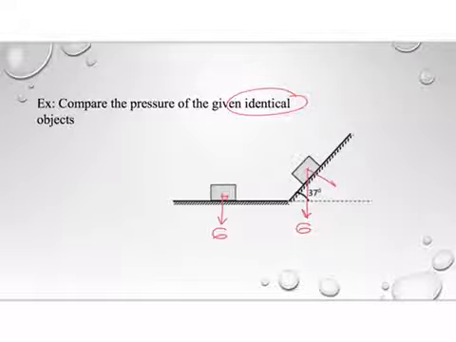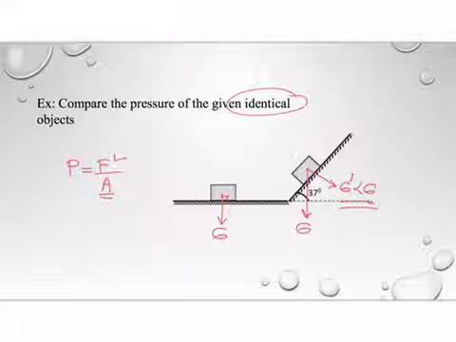So I have to take the perpendicular component, but the perpendicular component will be smaller than G. So as force gets smaller, then the pressure will also get smaller, because pressure is directly proportional to the force. They have the same base area, no change. So as F gets smaller, P gets smaller.